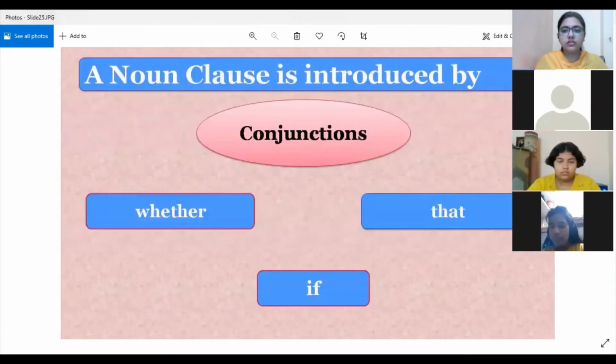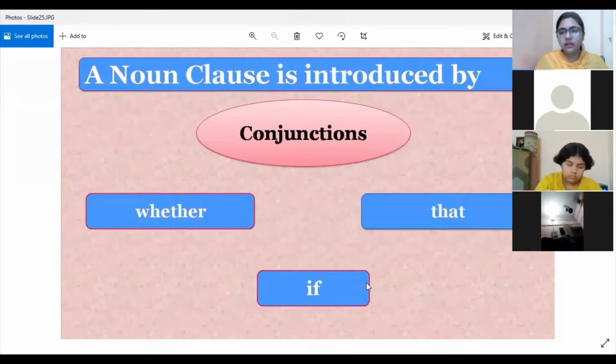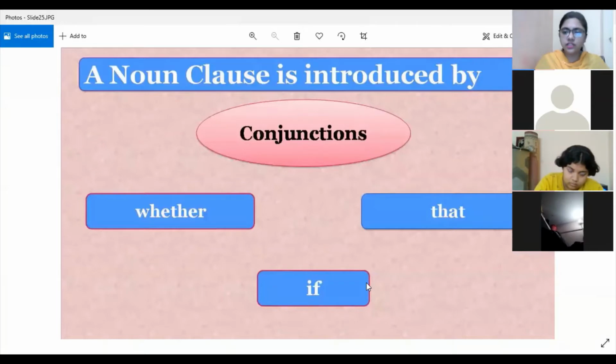Now, I have also made slides of the conjunctions which introduce a noun clause in a sentence. All right. So if you see whether, that, if, but one thing is there, you should not stick to these conjunctions. Because when you read further, you will find that these conjunctions introduce other clauses as well.